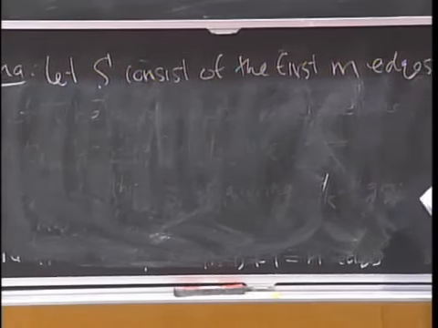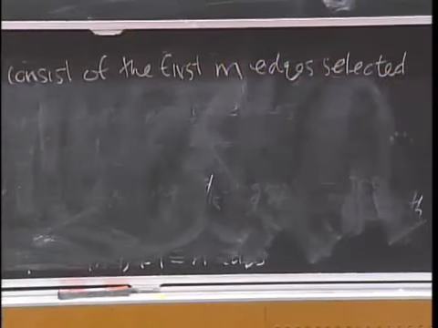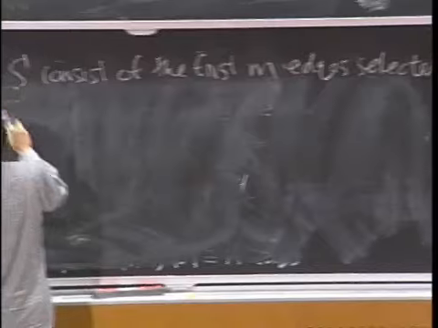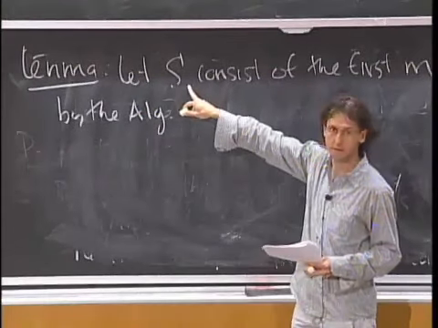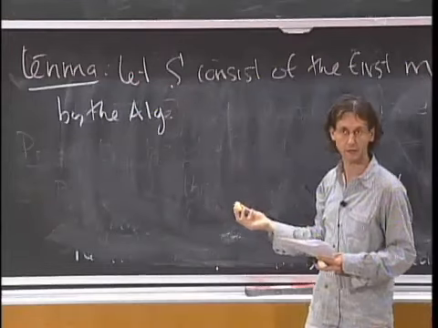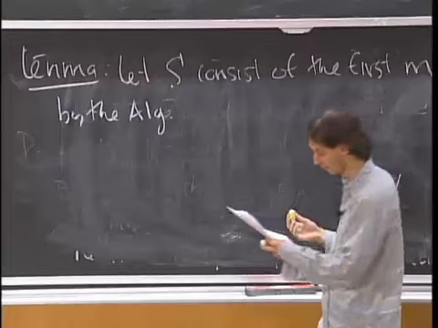And what we want to show is that we can still extend this set of edges into a minimum spanning tree. We can still grow within the algorithm into a minimum spanning tree. That's what we want to show.